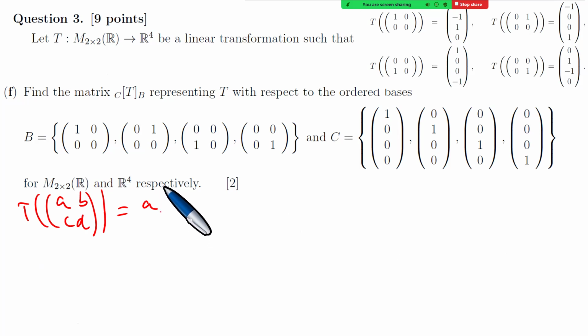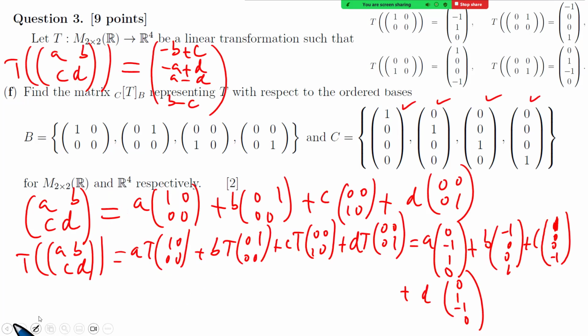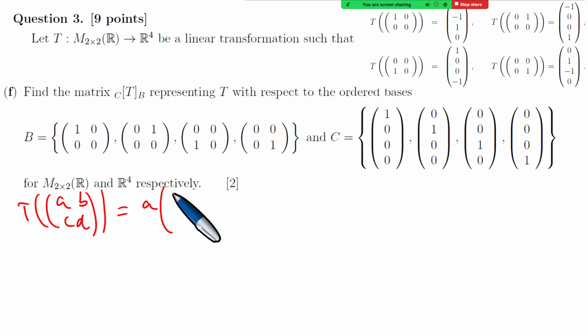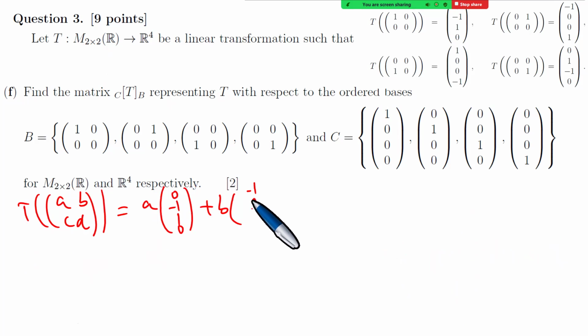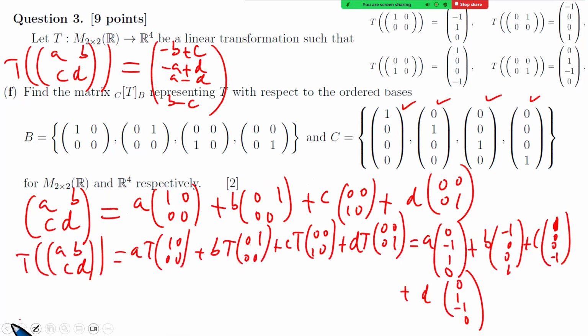Now I want to write these as the A, B, C, D. And then you have A with this one, 0, minus 1, 1, 0. B, minus 1, 0, 0, 1. C, 1, 0, 0, negative 1.